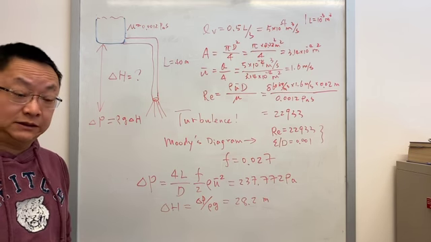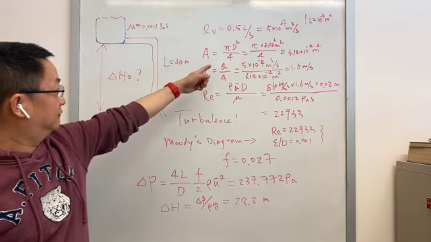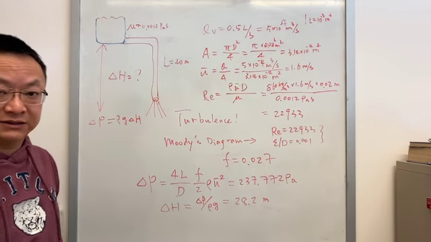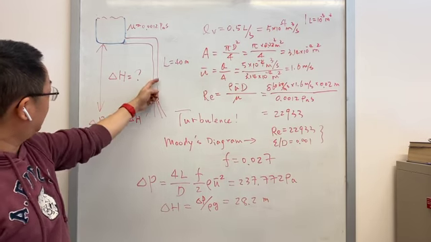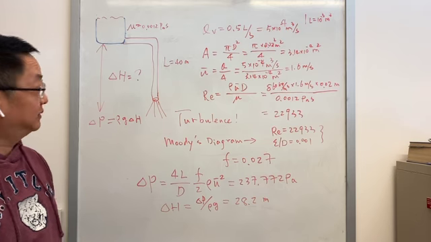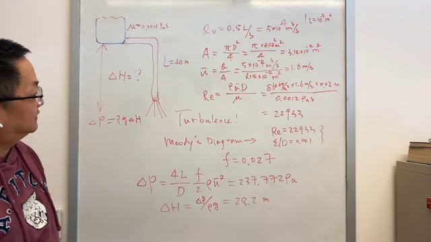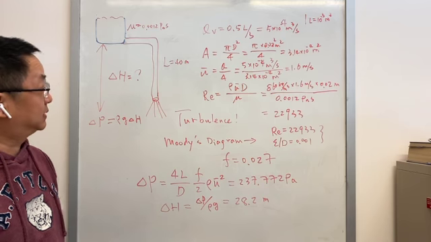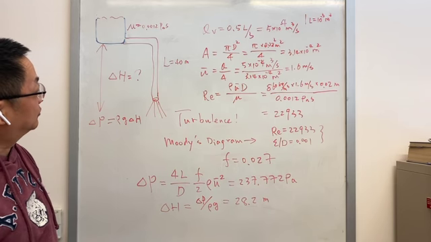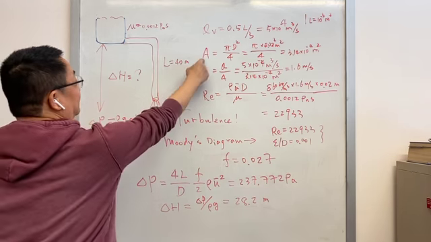Right? The average velocity is always determined by the flow rate divided by cross-section area. So we need to calculate the cross-section area of the pipe, which we know has a 2 centimeter internal diameter. So we calculate A first.